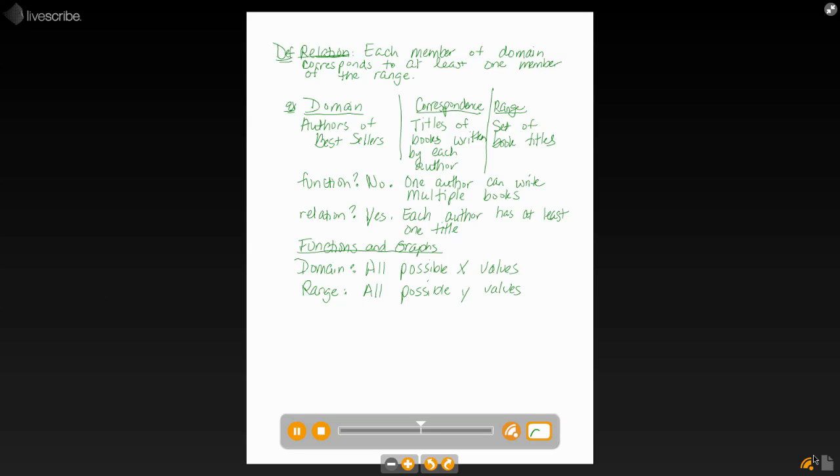Okay? It could be a relation or not. Okay? It's a function. If you remember what the sentence was, you can't what? What's a function? You can't kill 2 birds with 1 stone. So you can't have 2 x values correspond to 1 y value.